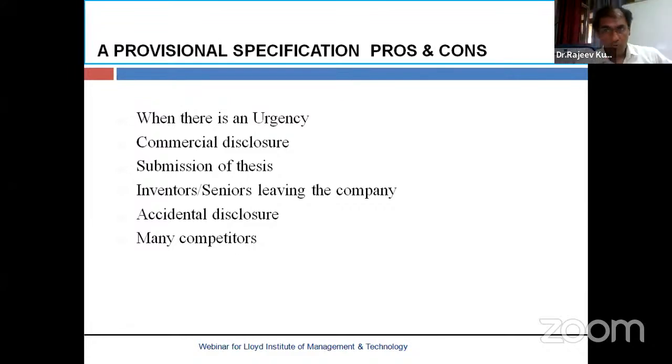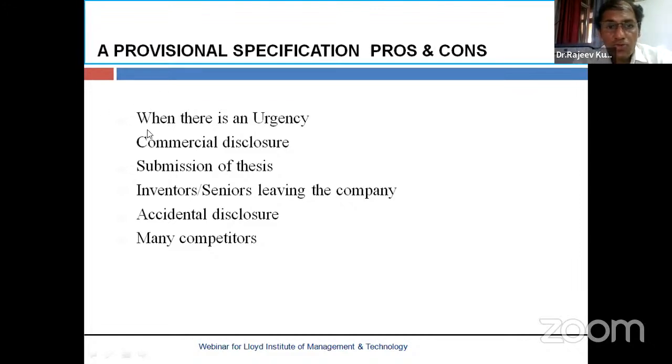But what we do is completely disclose whatever matter we have pertaining to that invention in the provisional application, because at the time of filing of the complete application, after 12 months of filing the provisional application, you cannot add new matter to it. So you cannot add a new finding to that. Whatever you have secured the priority date for, you have to stick to the same matter. You can just support that matter with experimental data, but you cannot add fresh matter.